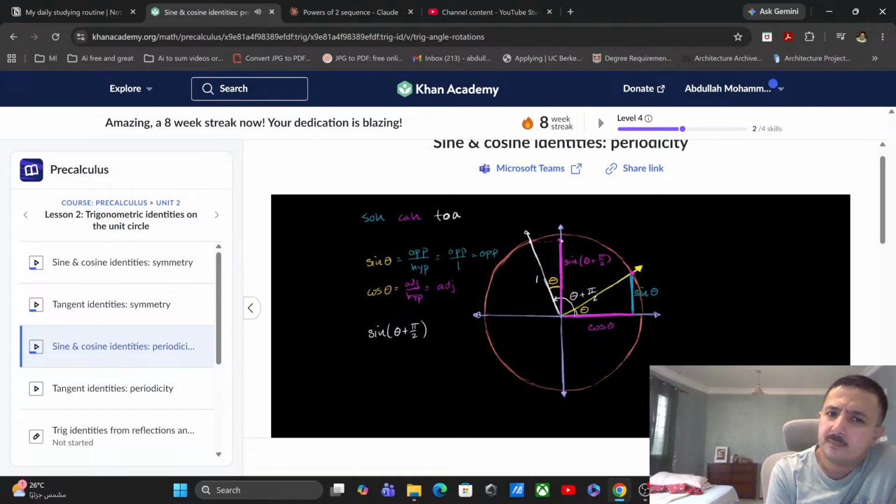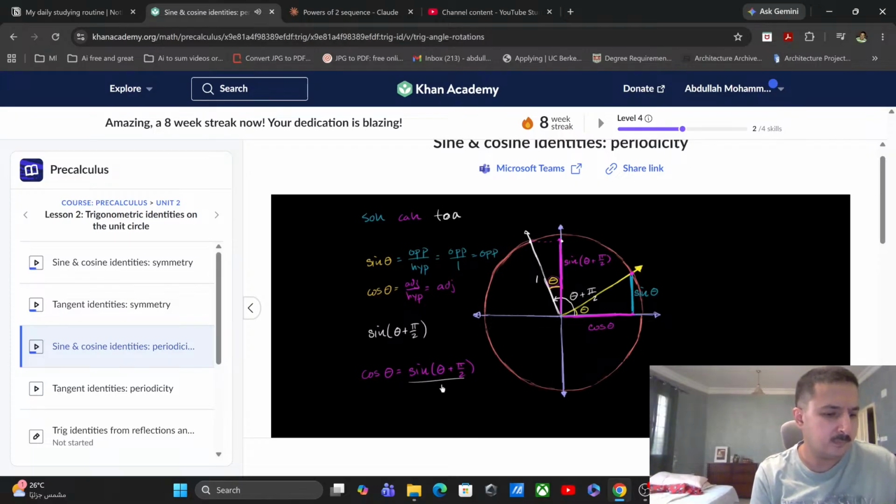So we could say that the cosine of that theta is equal to the length of the adjacent side, which we already know is sine of theta plus pi over 2, over the hypotenuse, which is just 1, so that doesn't change its value.